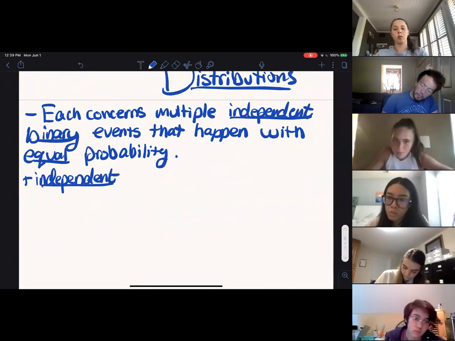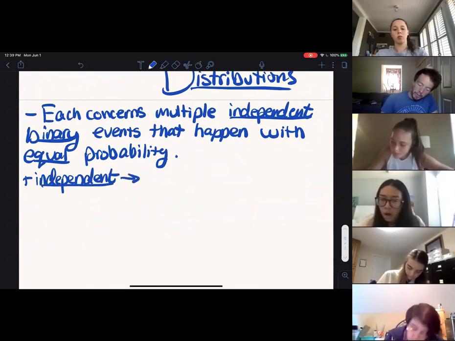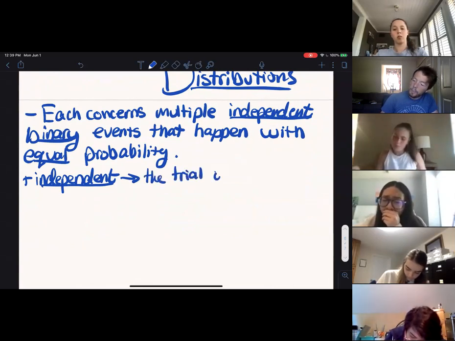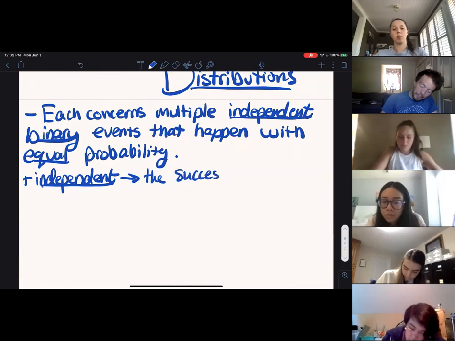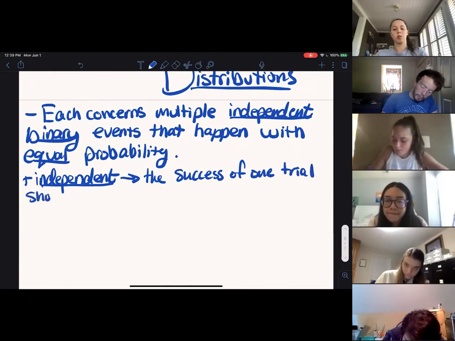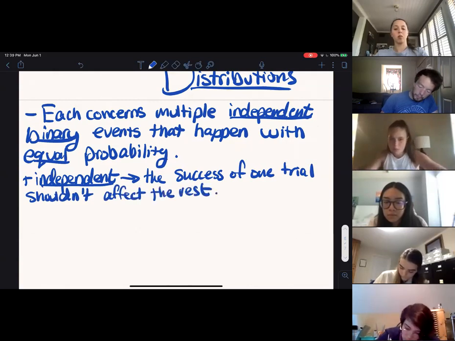So all of them have independent trials. And what that means is the success of one trial shouldn't affect the rest.